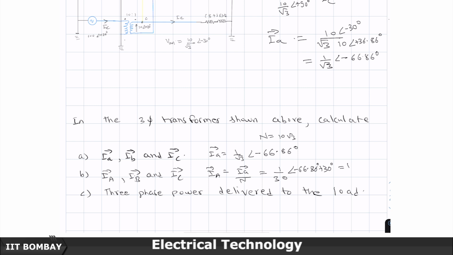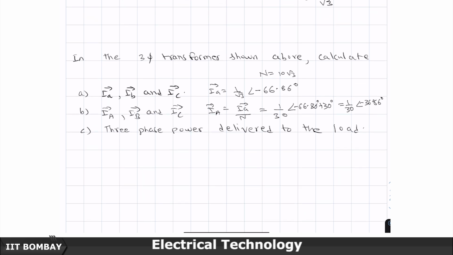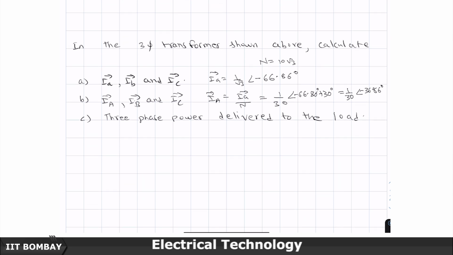So therefore this current will become now minus 36.86 degrees.